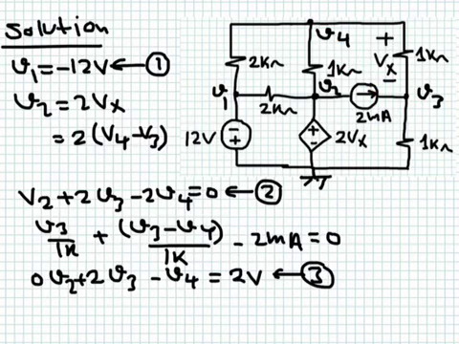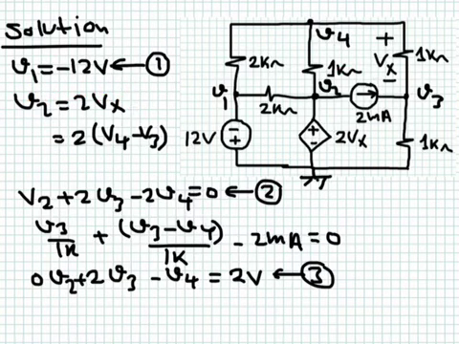Okay, so V2 is equal to 2Vx, but Vx is V4 minus V3. So I have this equation. If I reorganize it, I get that V2 plus 2V3 minus 2V4 is equal to 0. Of course, I have to put them in order again. So this is my second equation. And remember, here we are now solving only for V2, V3, and V4. We already know what V1 is.